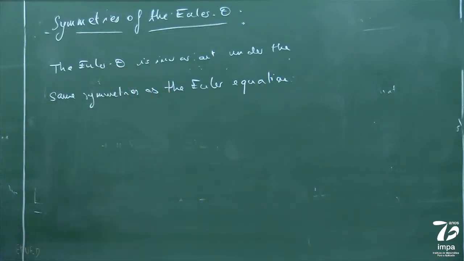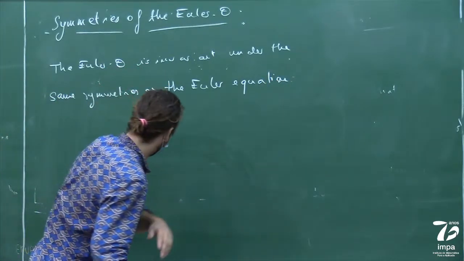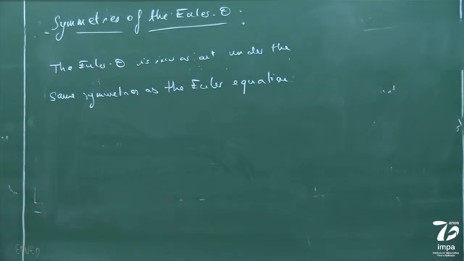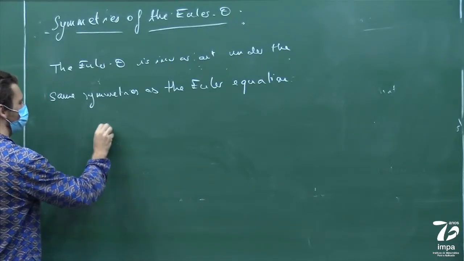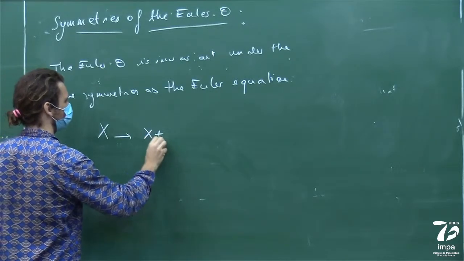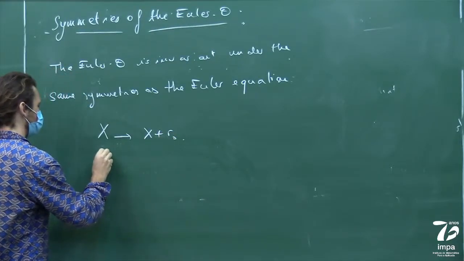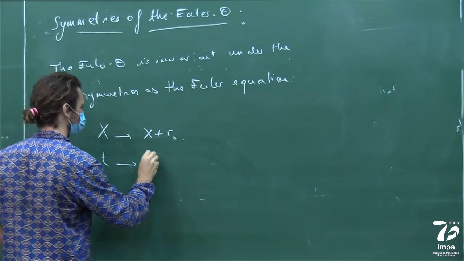This means that, in particular, we just pay attention to the ones which will play a role in this business. So the translation symmetry, the time symmetry, the time translation, sorry.